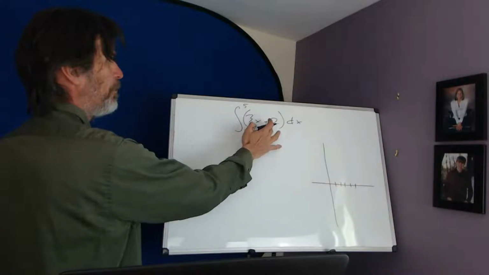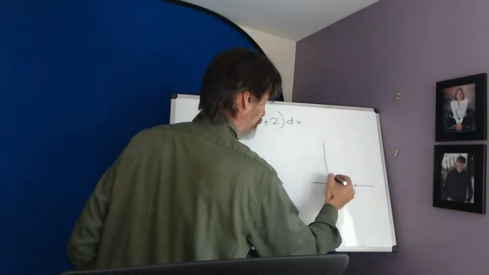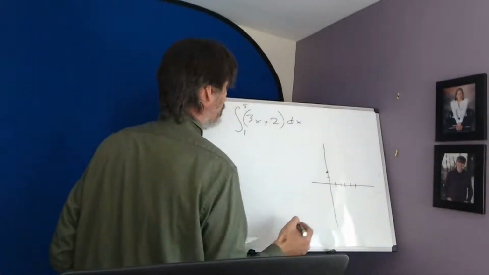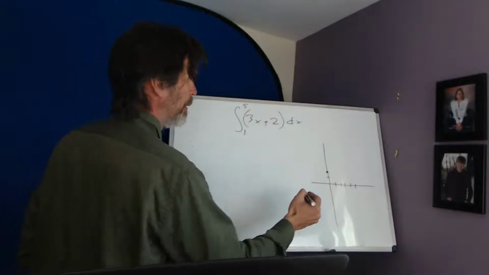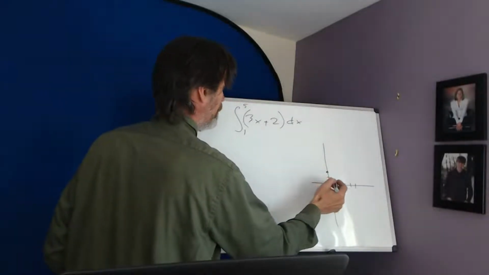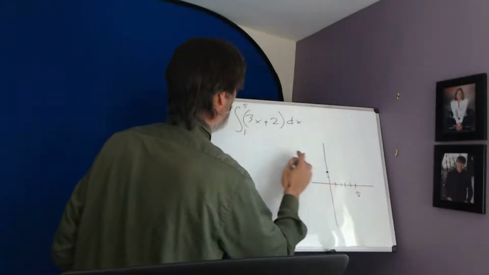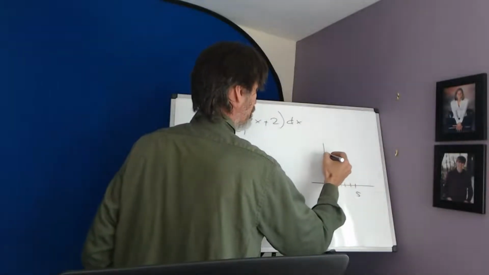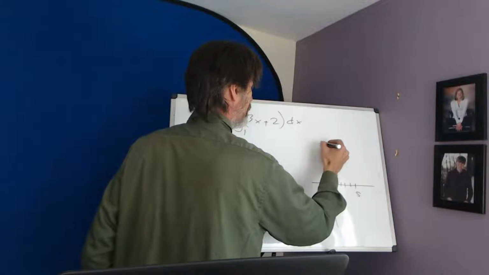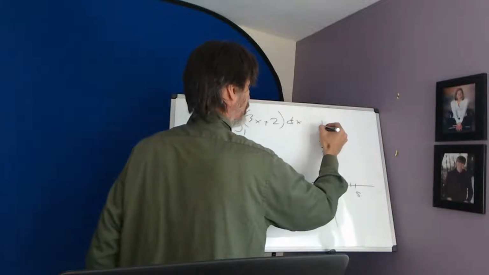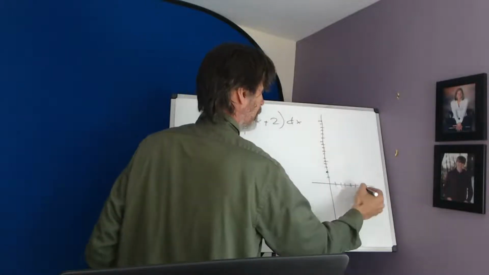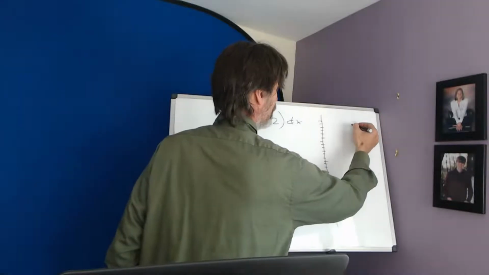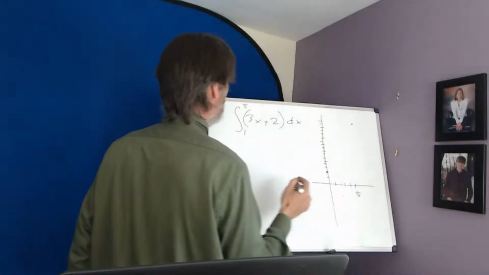So we have a slope of 3 and y-intercept 2. Starts right there, so that's the ordered pair (0, 2). By the time we get out here to 5, we're at 17. Here's the point (5, 17).